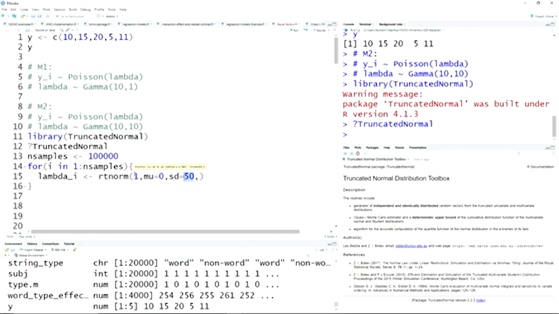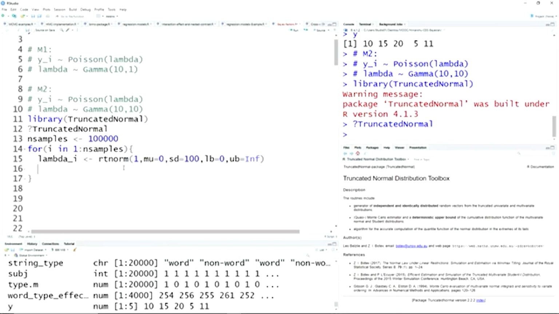Okay, if you want to allow higher values than SD 100, that is also fine. Then lower bound. So let's say lower bound is 0 and upper bound is infinite. So that would give me 1 lambda value, basically one proposal for lambda.